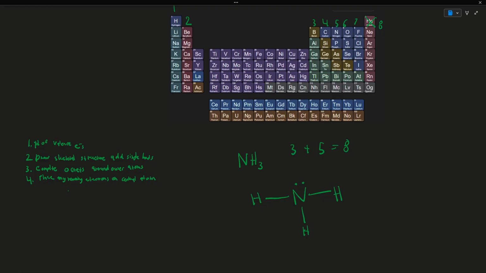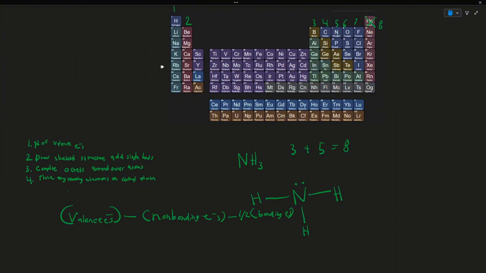And so the formula for calculating formal charge would be the number of valence electrons minus non-bonding electrons minus 1/2 bonding electrons.